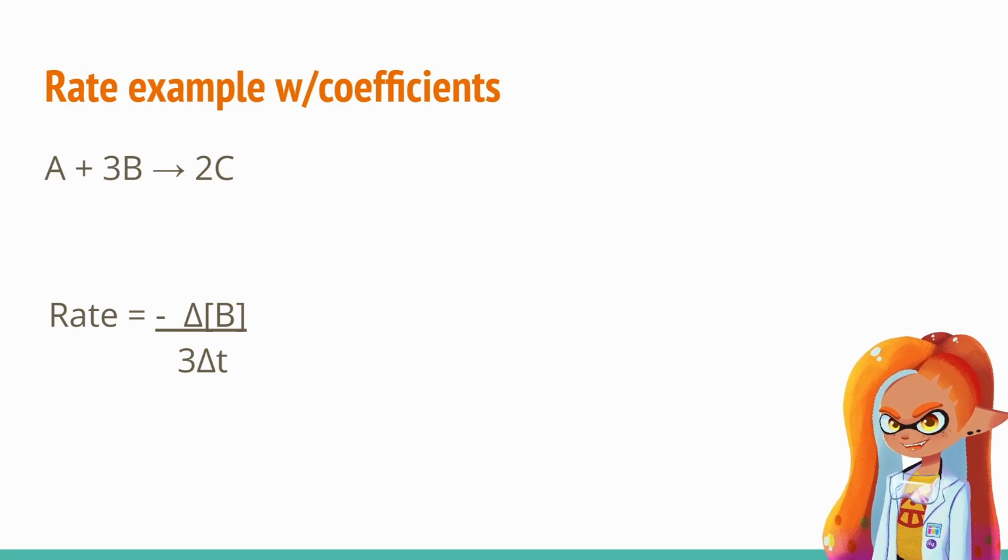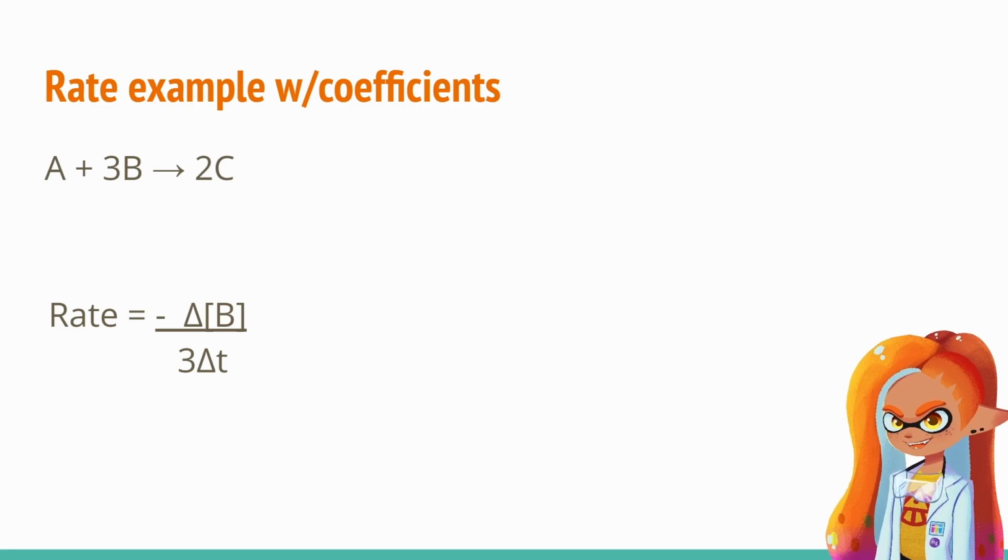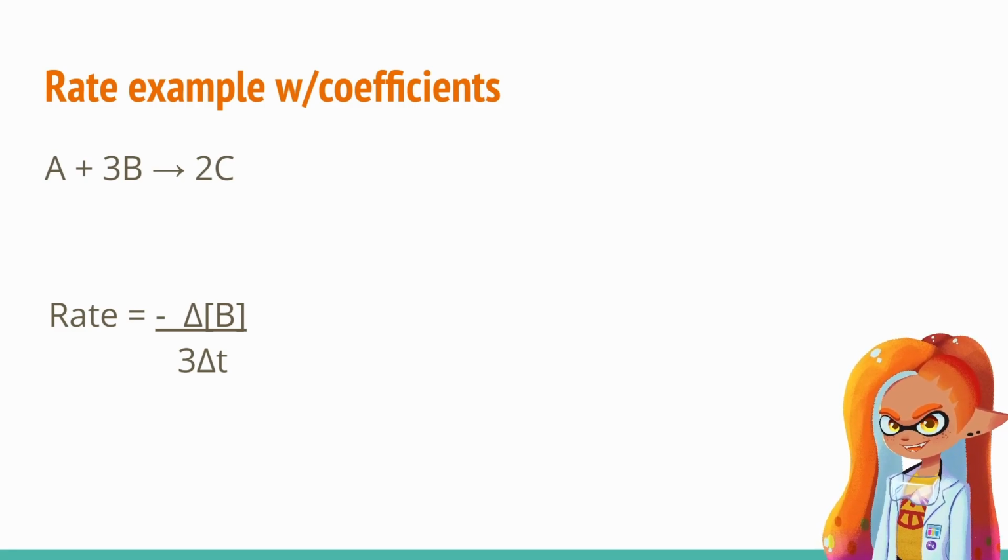If there is a coefficient, it will always be on the bottom, and this general system is always how it's written. There is a negative sign because this reaction goes from left to right, so we are consuming the B substance, and that's why the negative sign is there.